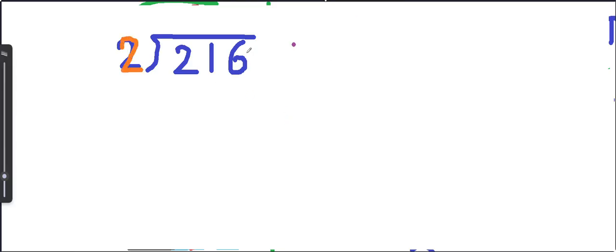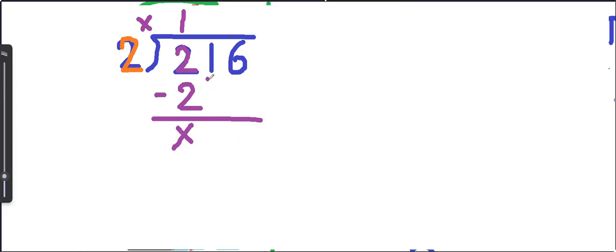So we are going to compare this purple 2 with this orange 2. Is it less than, equal to, or greater than the orange 2? It is equal to, right? So 2 times 1 gives us a 2, doing the subtraction, and I am left with no numbers.